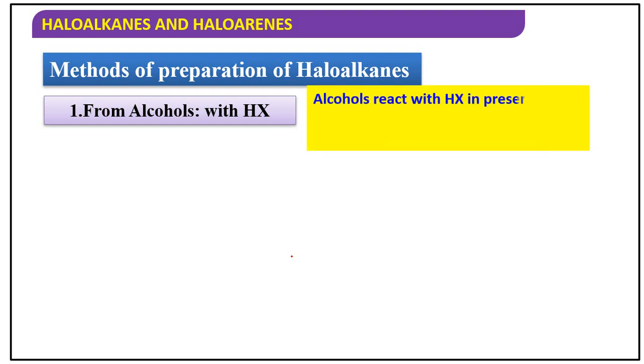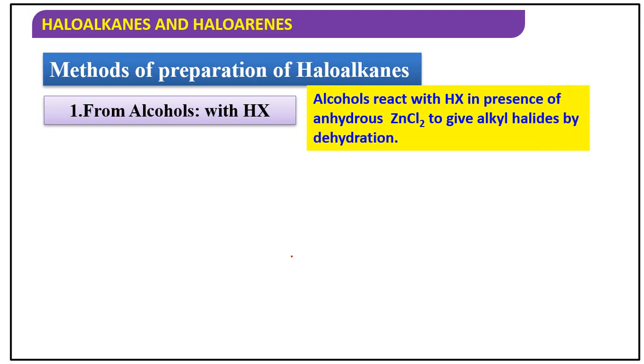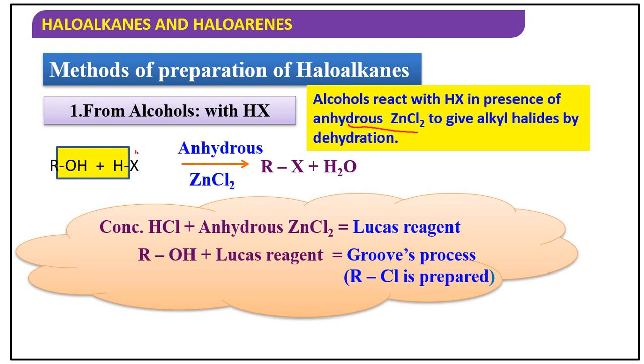From alcohol to haloalkanes we can prepare with the help of HX and anhydrous zinc chloride, which gives alkyl halide by dehydration. In the reagents we also discussed, it reacts with acid.